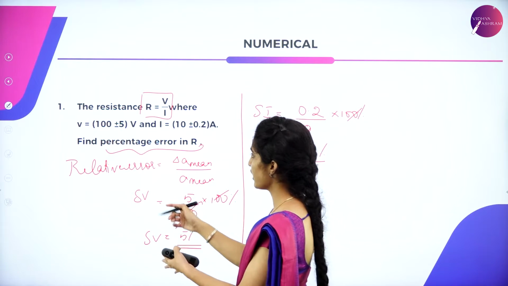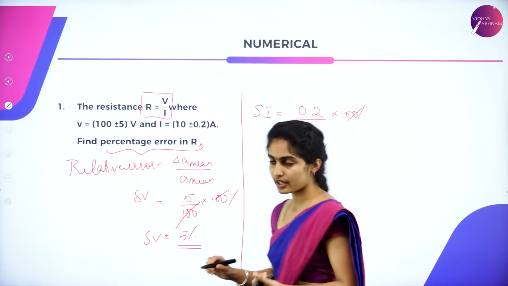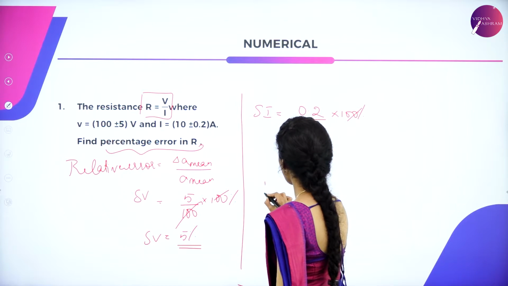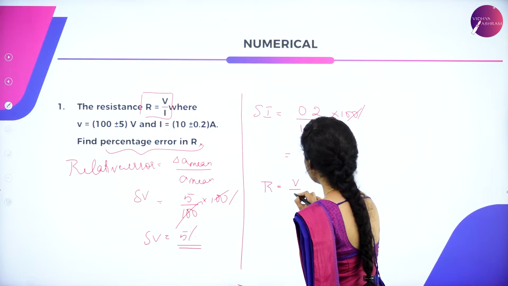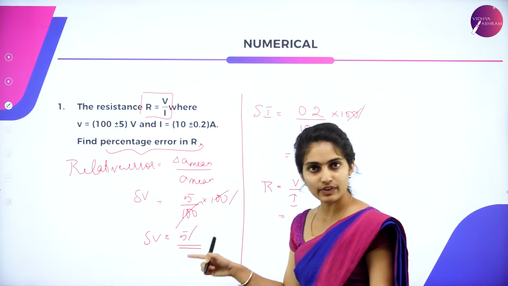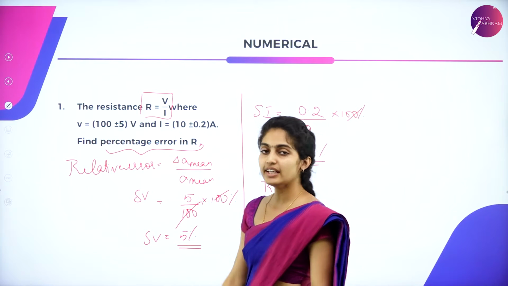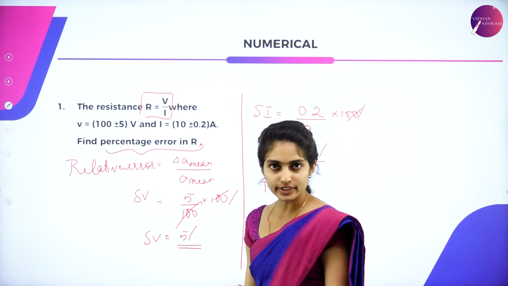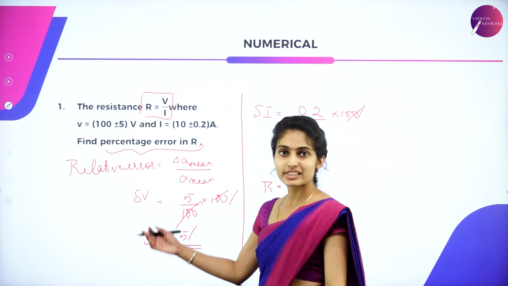So this is the percentage error in voltage and this is the percentage error in current. What they have asked is to find the percentage error in R. We have R is equal to V divided by I, where V is 100 plus or minus 5 volt and I is 10 plus or minus 0.2 ampere.